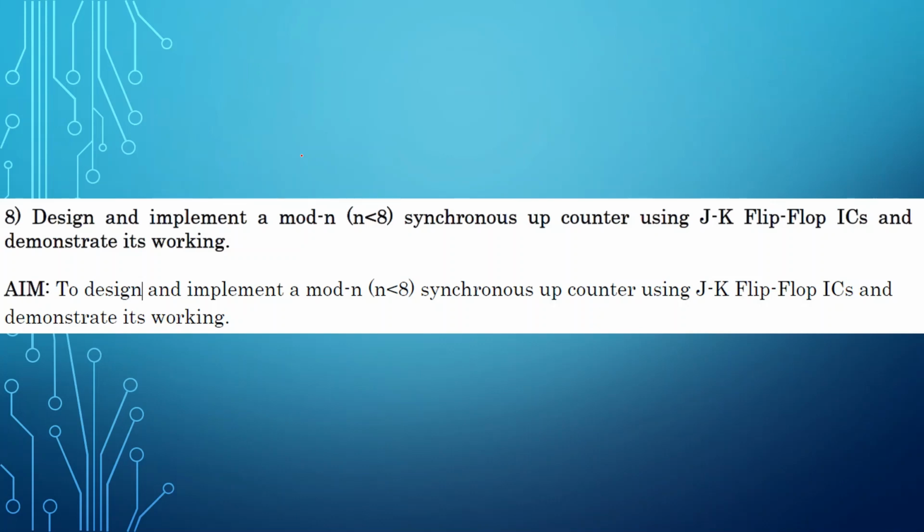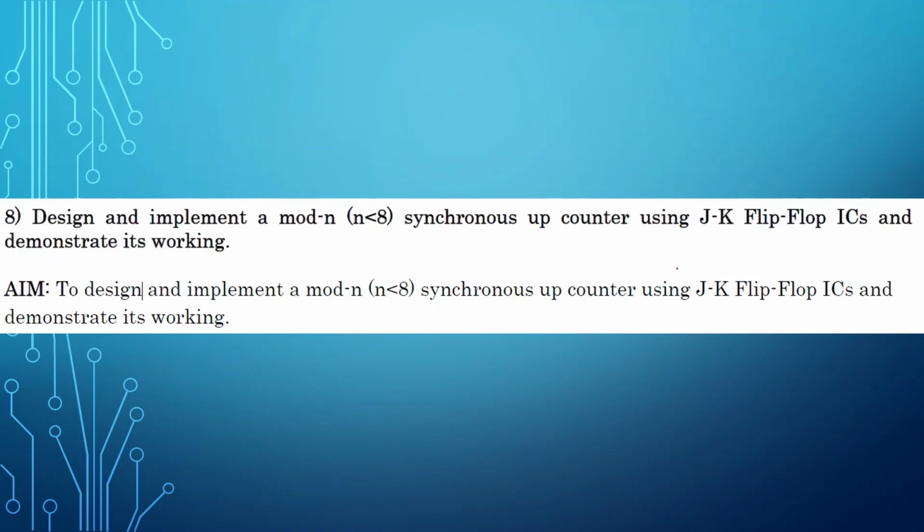The aim of the experiment here is that you need to design and implement a mod 8 or mod n, where n is less than 8, synchronous up counter using JK flip-flop ICs and demonstrate its working.